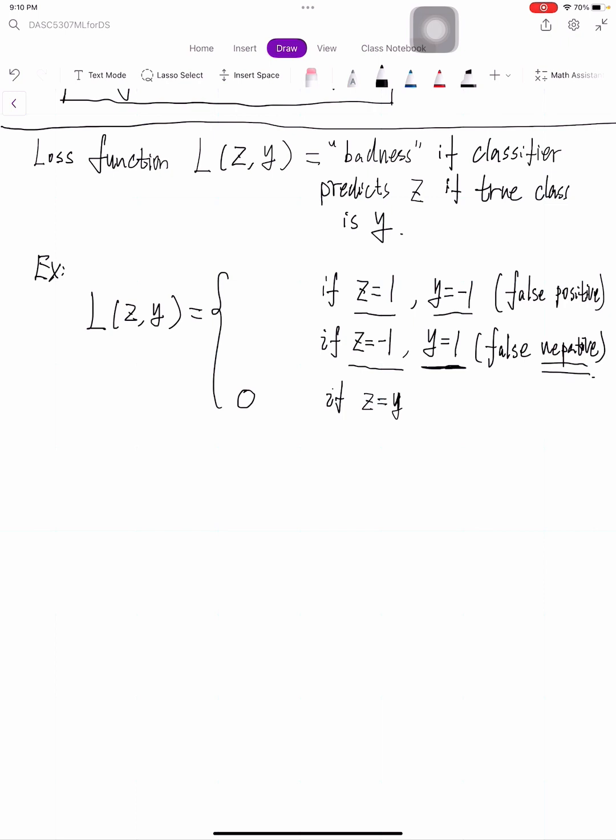In this cancer diagnostic problem, I think the false negative is more serious, which means if you classify the cancer patient as a healthy patient, somebody misses an early diagnosis and could die of the cancer that could have been treated if caught earlier.